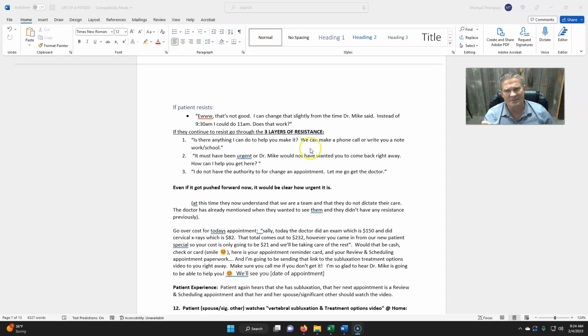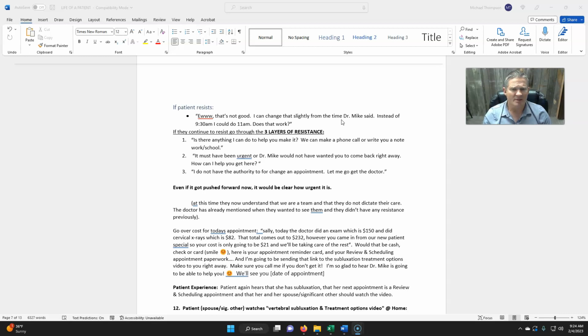The first layer of resistance is, oh, okay, well, that's not good. I can change that slightly from the time Dr. Mike said, but instead of maybe 9:30, can we do 11? Would that work better? Or you maybe find out what's going on. It's just strange when people have already agreed.